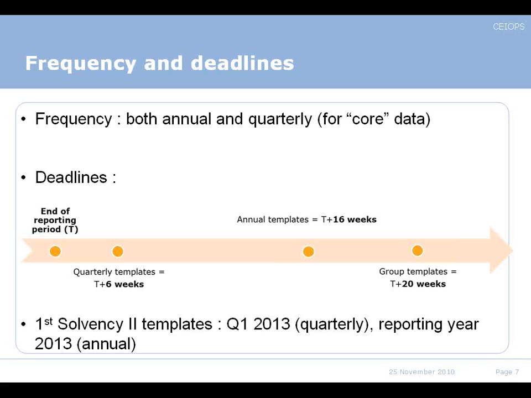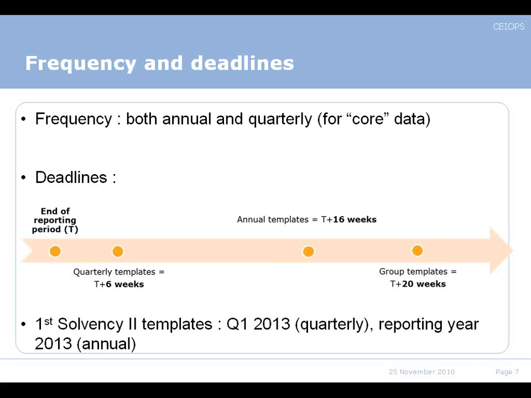So what we know so far, or what we expect so far, because the deadline will be set in the level 2 implementing measures that are not yet published, and so it may change in the next few months. We will have annual templates that will be in the long run available 16 weeks after the end of the year. We will have also quarterly templates that will be available 6 weeks after the end of the quarter.